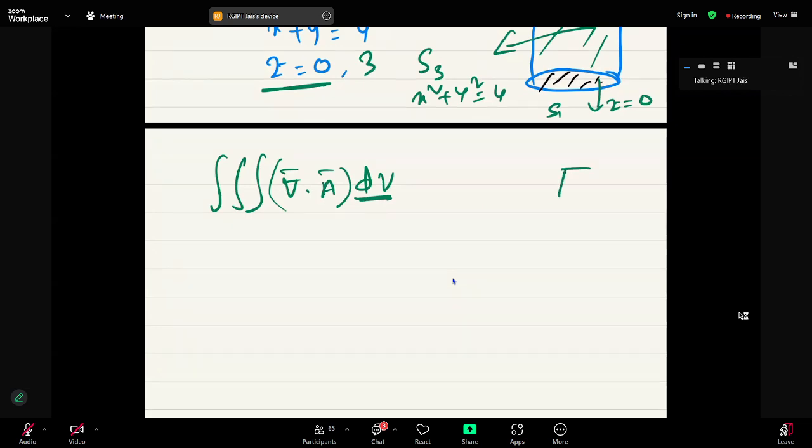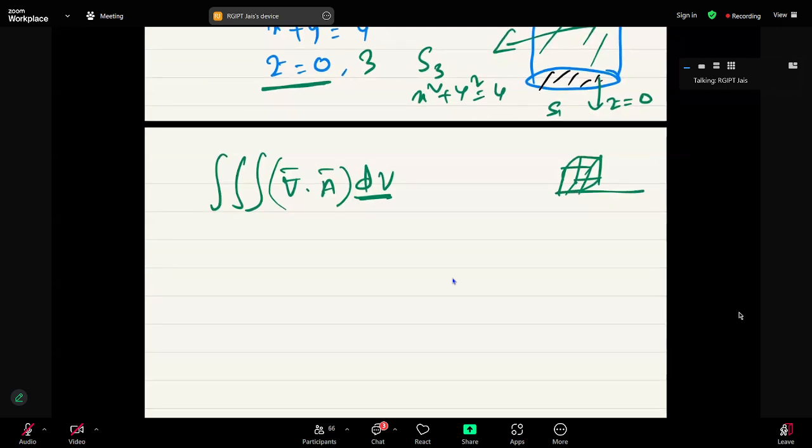So if you have the volume integral in Cartesian coordinates, let's say this is a cube. If you want to find this volume, how do you find it? Let's say this is x, this is y, and this is the z direction. What is the volume for this cube? Simple cube, tell me please. dx dy dz.